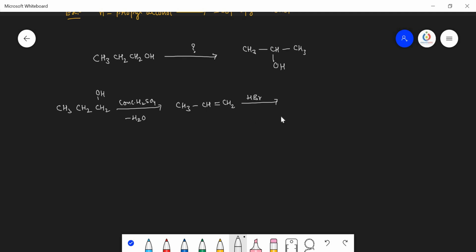So hydrogen comes over here and bromine goes to the secondary carbon, so that we get the molecule CH3CHBrCH3. Now you can subject this molecule with aqueous KOH or else silver hydroxide. Both are good nucleophiles. They generate the OH minus, so OH minus attacks over here and removes the bromine. So we get CH3CHOHCH3. So these are the steps involved in this particular process.